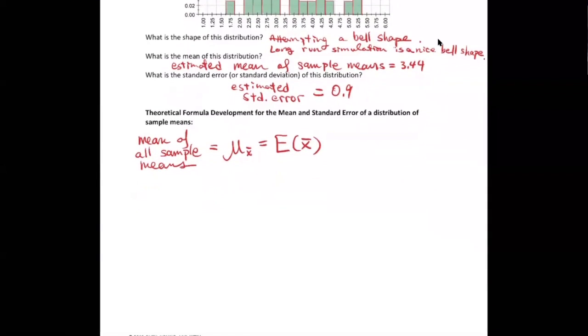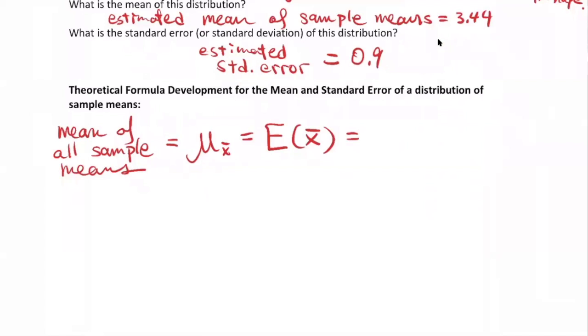Okay. And now this just uses the properties of expected value and variance. So the expected value of a sample mean, you just have to think about what a sample mean is. It's the sum of a bunch of values x, which are the rolls on the die, divided by n, the sample size.